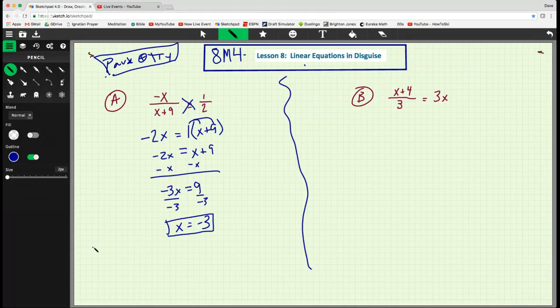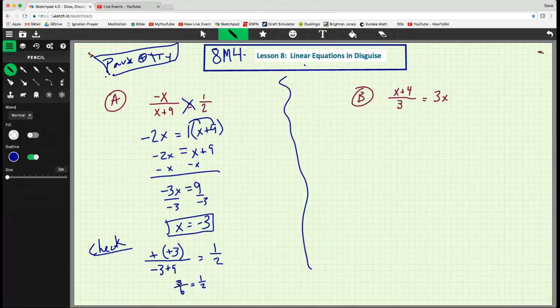So let's do our check step. If the teacher wants you to check it, I'm going to have to do it myself. X is negative 3, so we have negative 3 over negative 3 plus 9. Does that equal 1/2? Negative 3 is positive 3, and negative 3 plus 9 is 6.